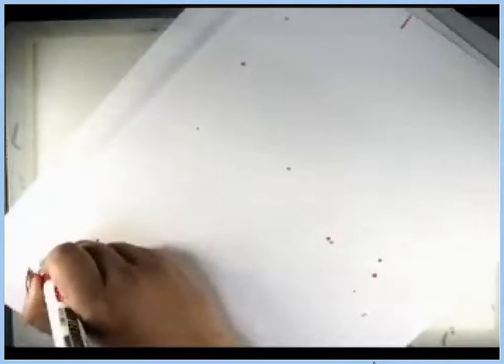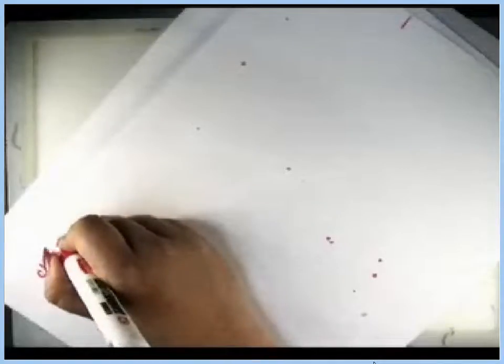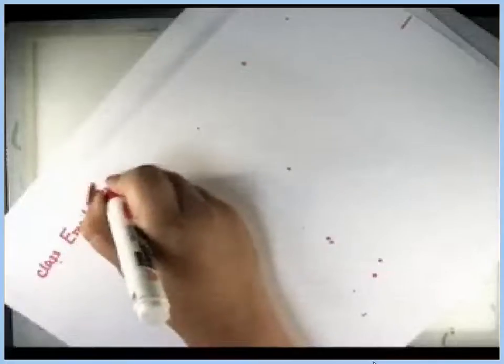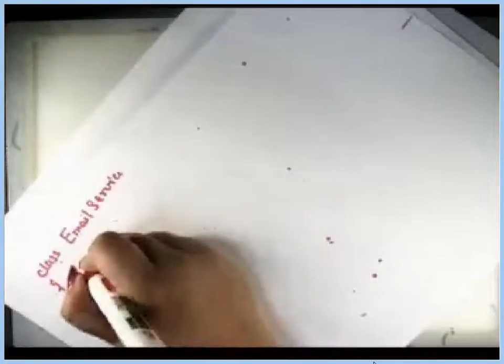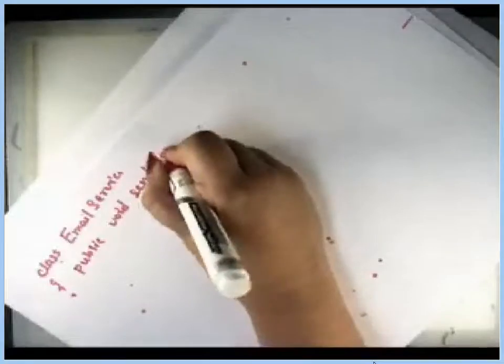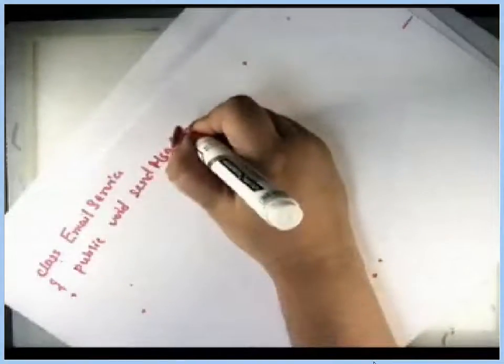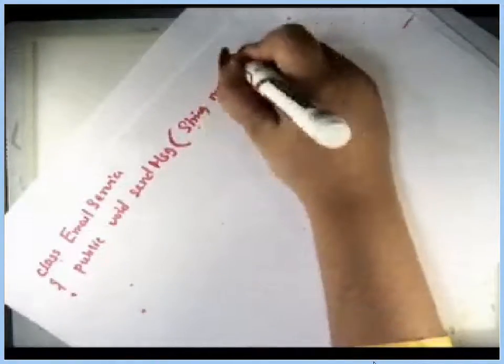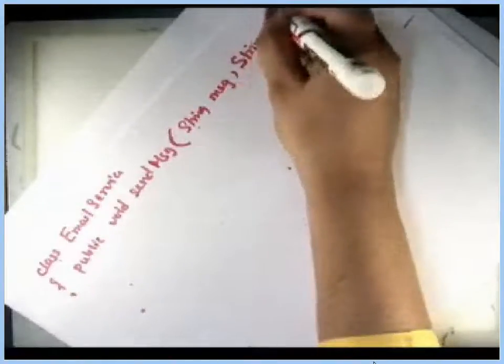Let me explain with a different example. Say you have a class called EmailService. Now EmailService has a method, let's say sendMessage, which will take a string parameter as message and a string as receiver.